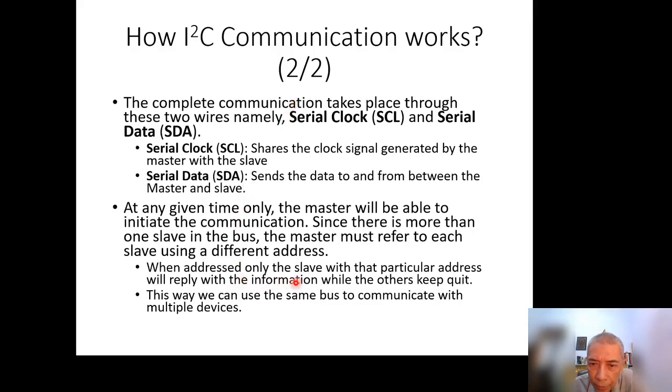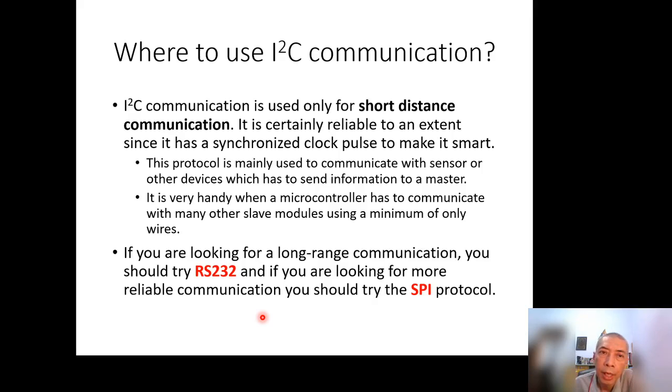When addressed, only the slave with that particular address will reply with the information while the others keep quiet. This way, we can use the same bus to communicate with multiple devices. That's the general idea of how I2C communication works, according to the wiring diagram, which involves the serial clock and the serial data.